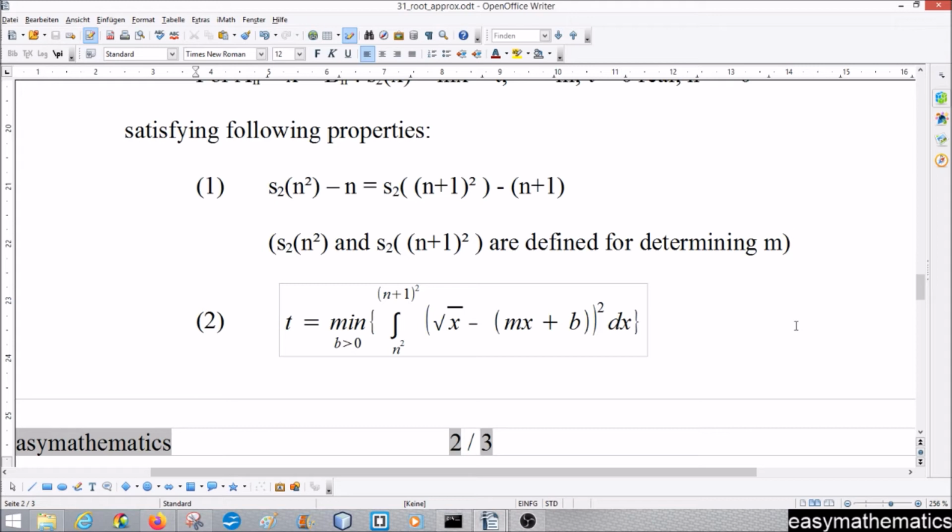So it's function squared and then integrate. It's not integrate and then square. So first square, then integrate. We minimize over b, and this is our t. Perfect.